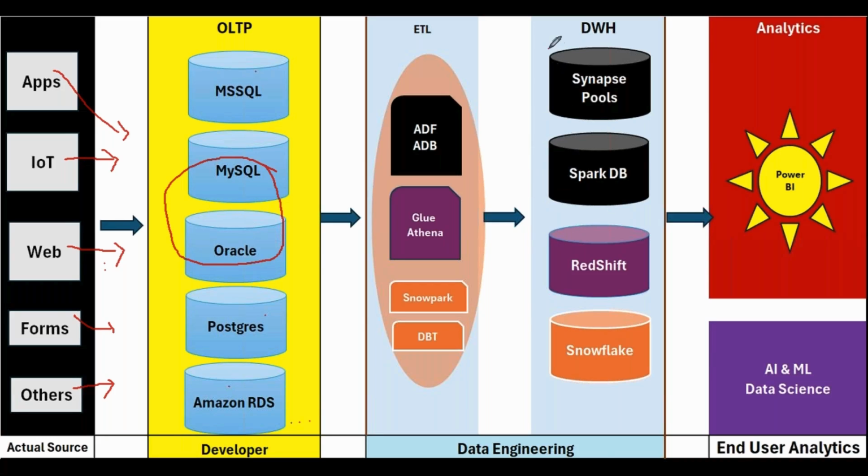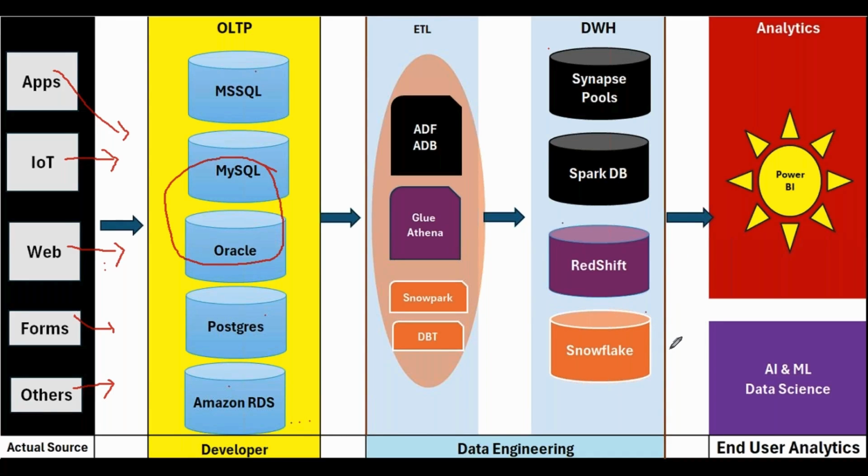This data, at the next level, should go to a warehouse, big data. We have Azure Synapse, Amazon Redshift, open source Spark databases and Snowflake. So different companies: Microsoft Azure Synapse, Amazon Redshift, the open source Spark database from Apache, or Snowflake.